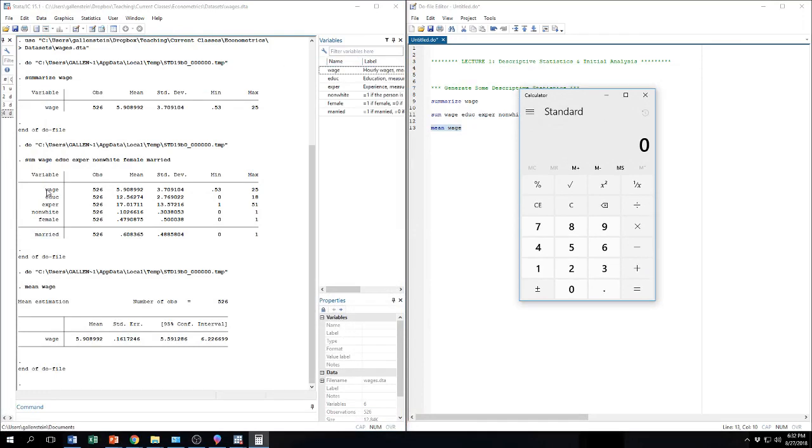Now, the standard deviation of the wage is 3.7. I'm just going to round it off. Let's see, 3.71 divided by the square root of the sample size. The square root of 5.26.